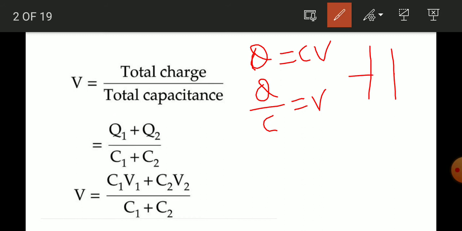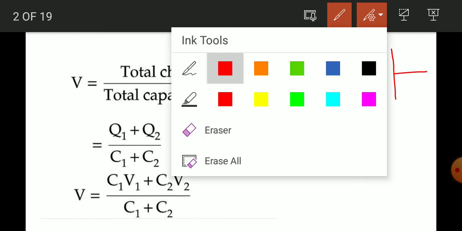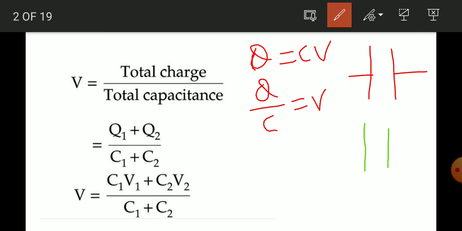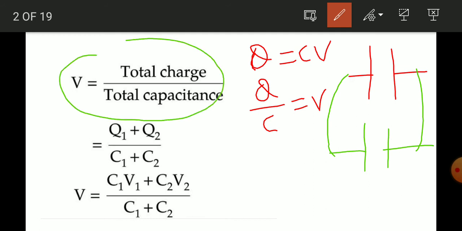In case of two capacitors charged differently, having different charges, when you connect them, their final voltage will be something different. The final voltage will be the sum of total charges divided by total capacitance, based on this formula. Suppose this capacitor has charge Q1 and this capacitor has charge Q2.